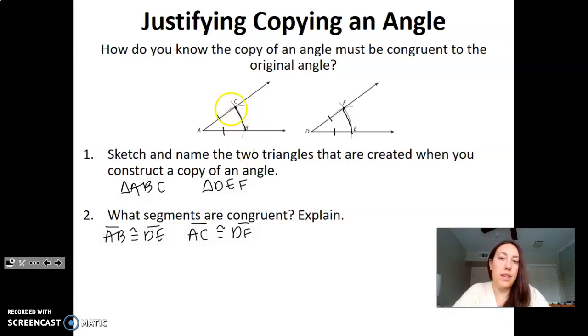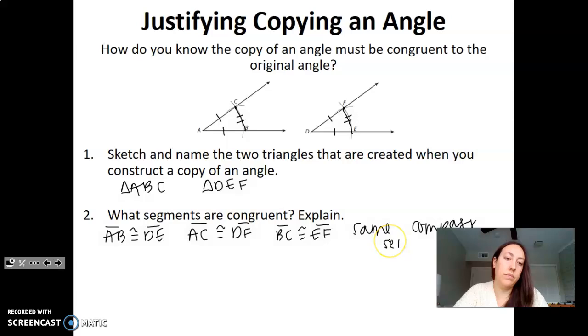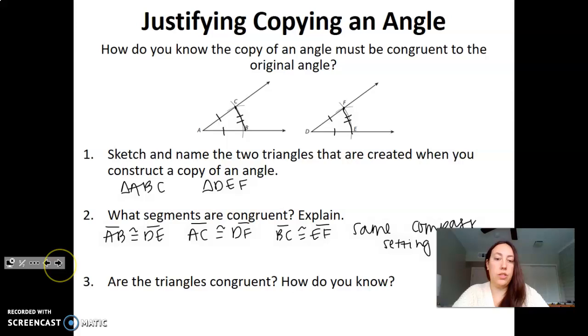And then when we made this arc here and over here at F, we know those two segments are going to be the same as well because, again, we used the same compass setting to make those two. So that would be our reasoning. We use the same compass setting. So we know those two triangles are congruent, and the reason why they're congruent is with side, side, side.